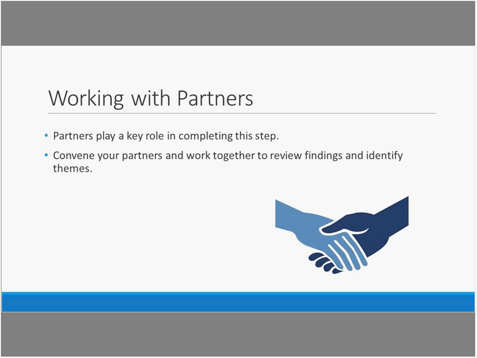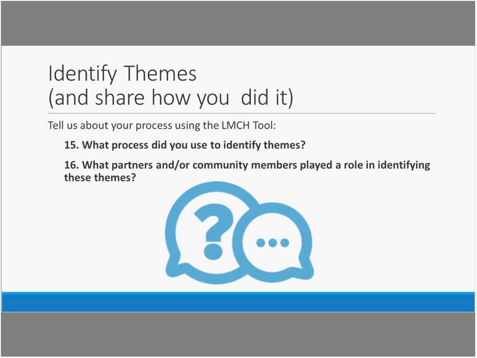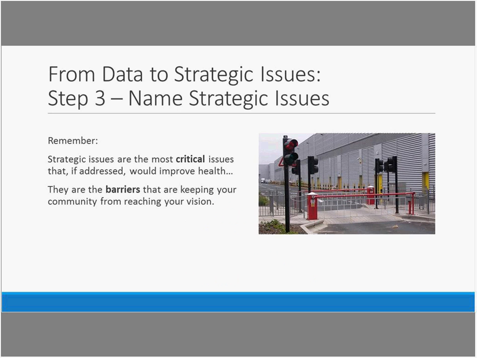And I'll give some examples for how to do that in just a minute. In the MCH tool, the tool to guide this process, you'll describe to us the process that you use to identify themes. This could be done in a lot of different ways, and we'll just be curious to know how you chose to do it, as well as the partners and community members and how they played a role in identifying those themes. So you'll tell us a little bit about your story for this process of identifying themes.